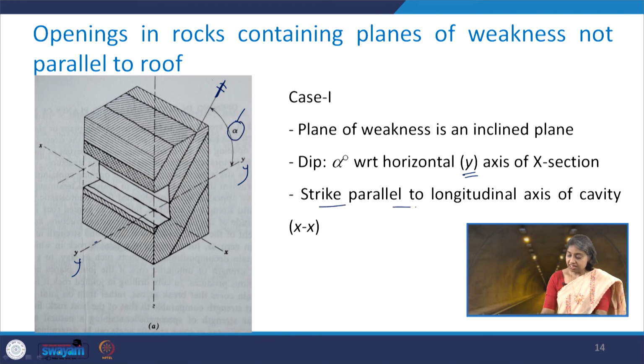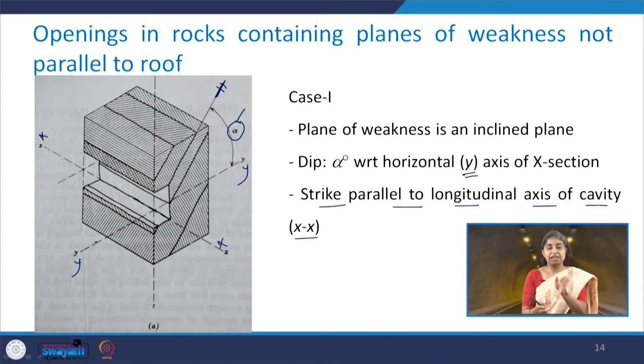The strike is parallel to the longitudinal axis of the cavity. The longitudinal axis of the cavity here is XX. Now, the strike direction is where the plane cuts the horizontal plane.